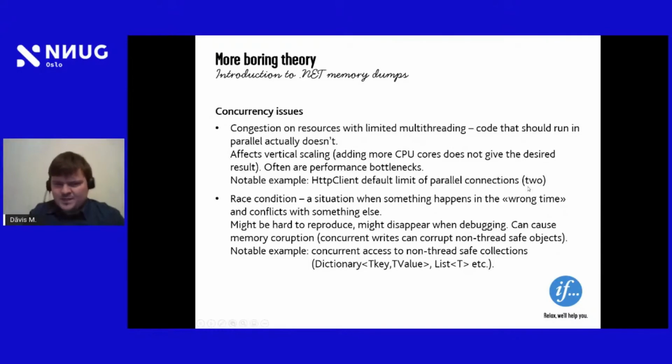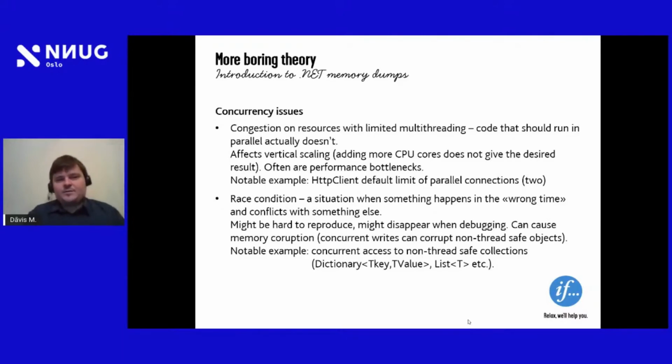There was a bit more complex logic, but in very many cases, by default, one instance of HTTP client can only make 2 connections in parallel. So what will happen is that all other threads will just block and wait until one of those 2 connections gets freed.